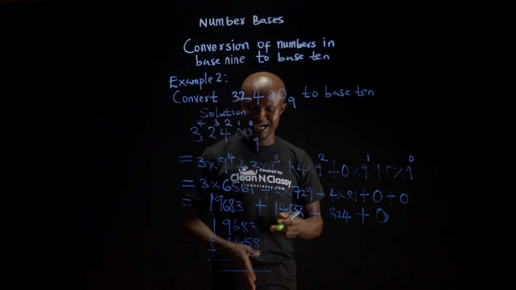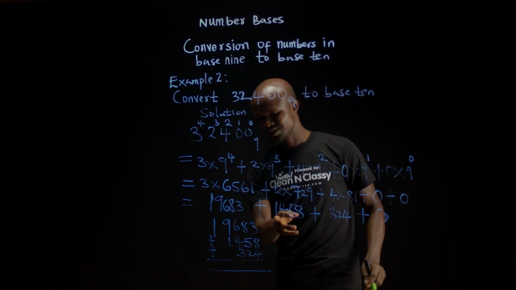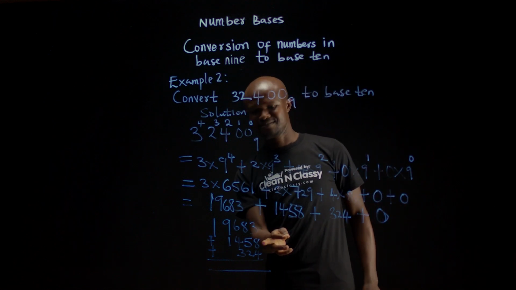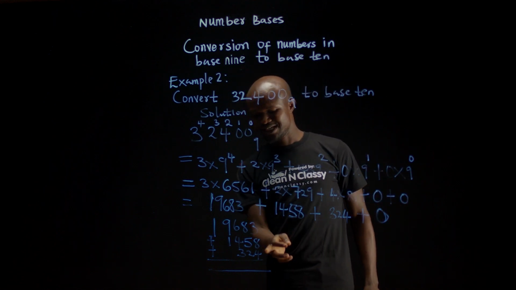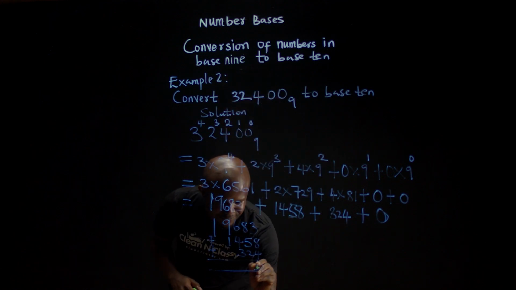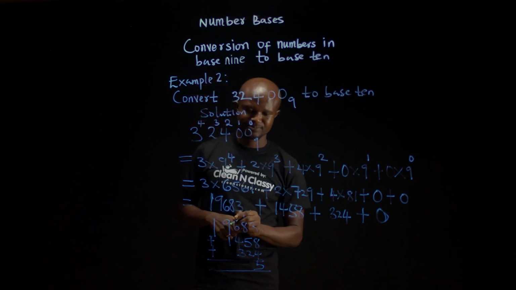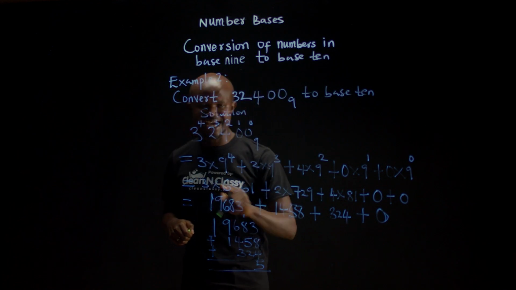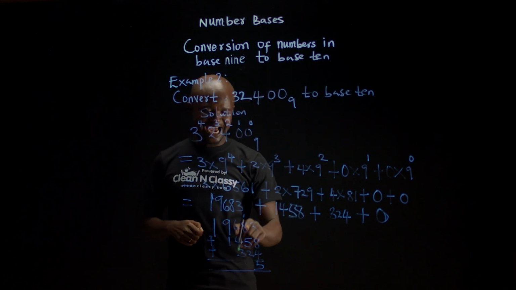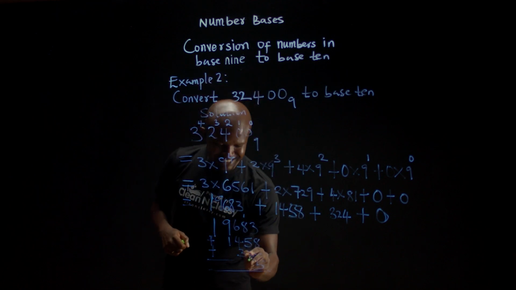Adding the values together, we start from what? From the back. It's very important. 3 plus 8, that is 11. 11 plus 4, 15. So we write 5. Then we carry 1. Take note. 1 plus 8, 9. 9 plus 5, 14. 14 plus 2, 16.